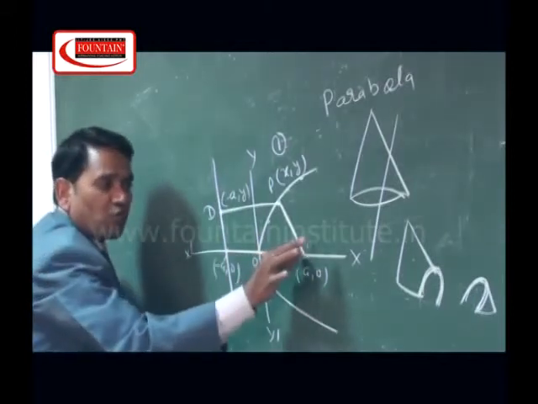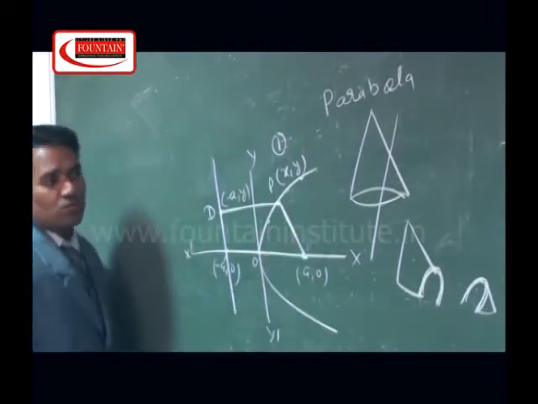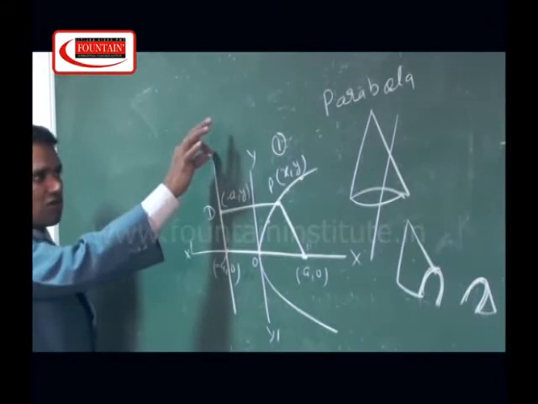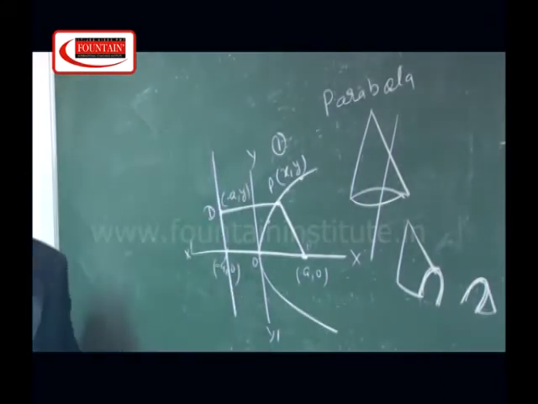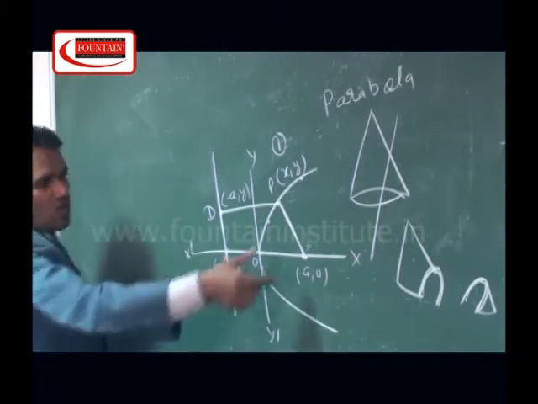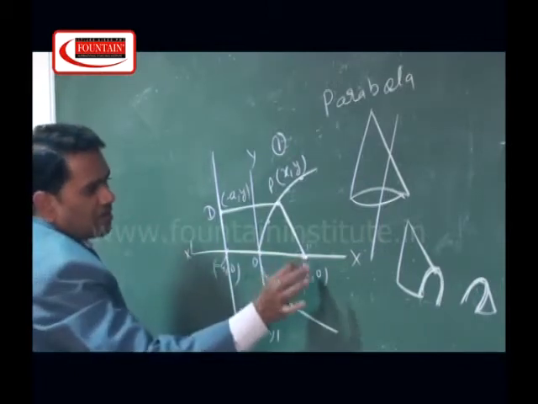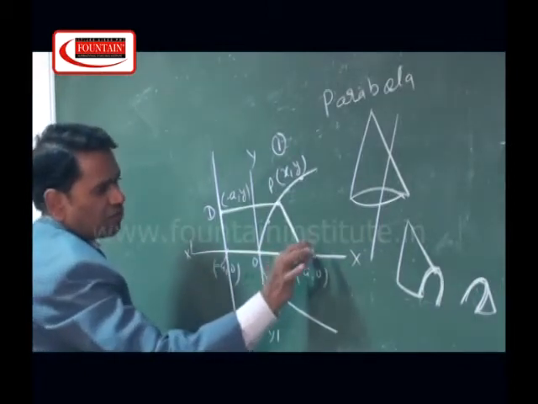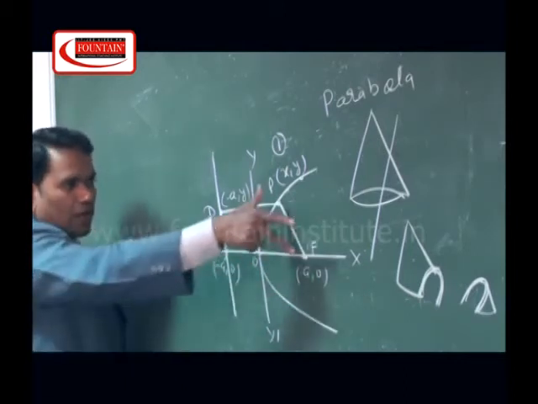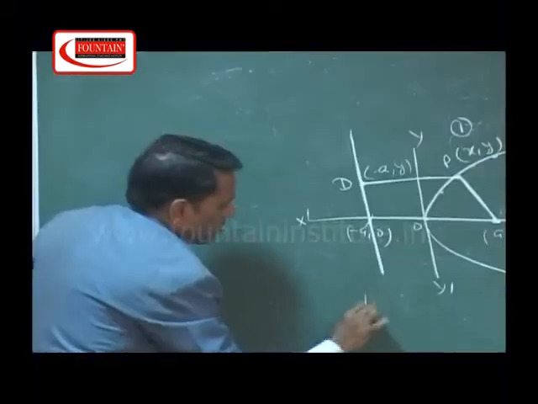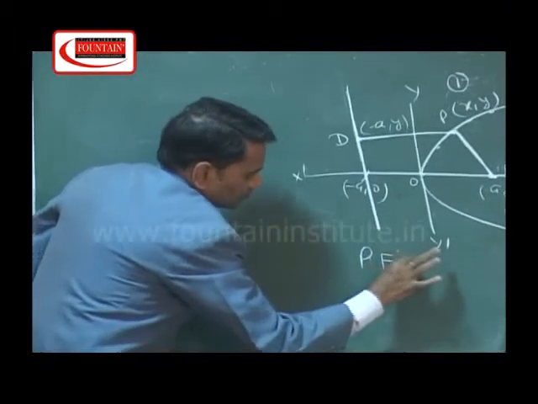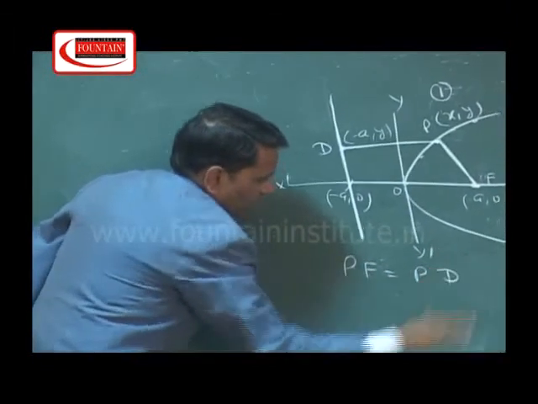So this fixed point is known as the focus of the parabola, and this fixed line is known as the directrix of the parabola. If this is the focus F, then by definition of parabola, PF = PD.